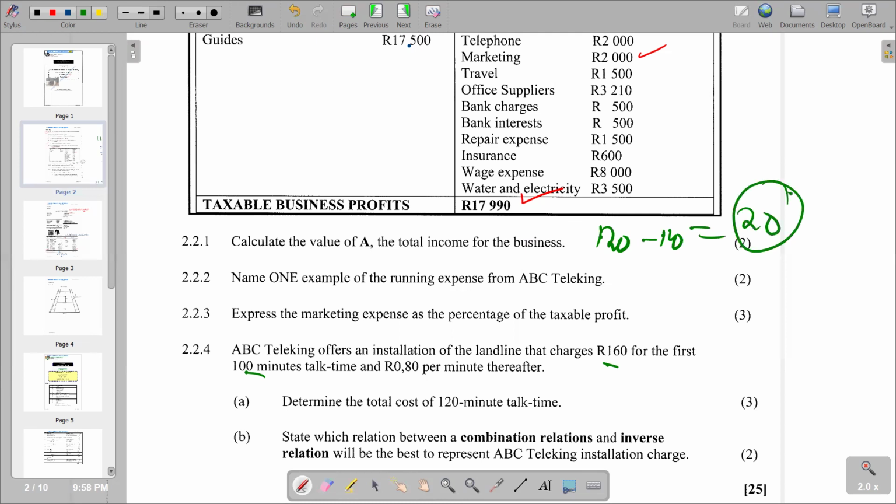So the 20 minutes is the one that we are going to use the rate of 80 cents per minute. So we say 80 cents times 20, and the answer that we get, we add to 160 to get the total.